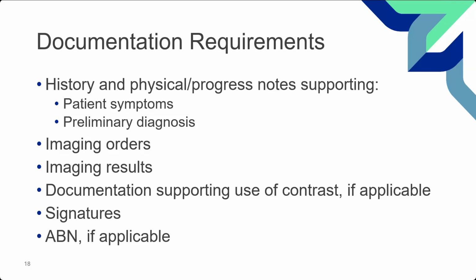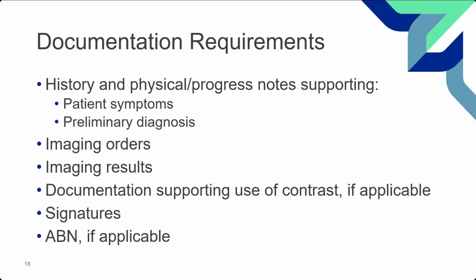Signatures. Signatures are important. We need to see who provided what service, and the signatures are appended appropriately along with the documentation that was appended in the chart. And then finally, an advanced beneficiary notice of non-coverage, if it's applicable.